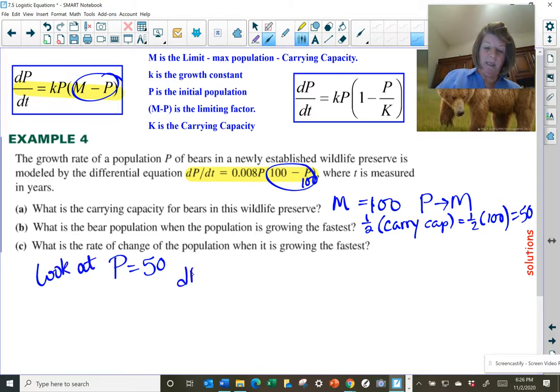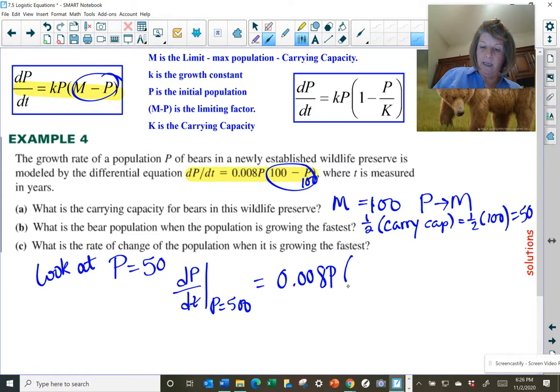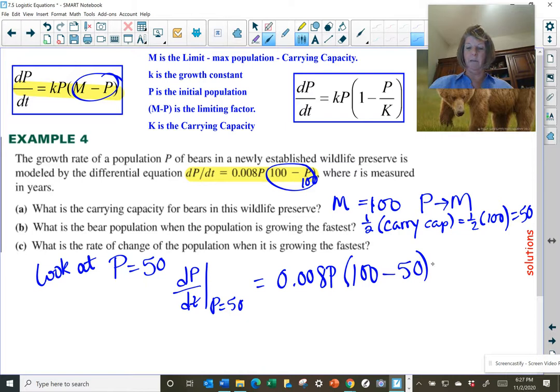So dP/dt evaluated when P equals 500 would be 0.008 P times 100. Oh, I'm sorry, not 500. I was thinking 1,000. At 50, so minus 50, that's where we're going to get our best balance of population.